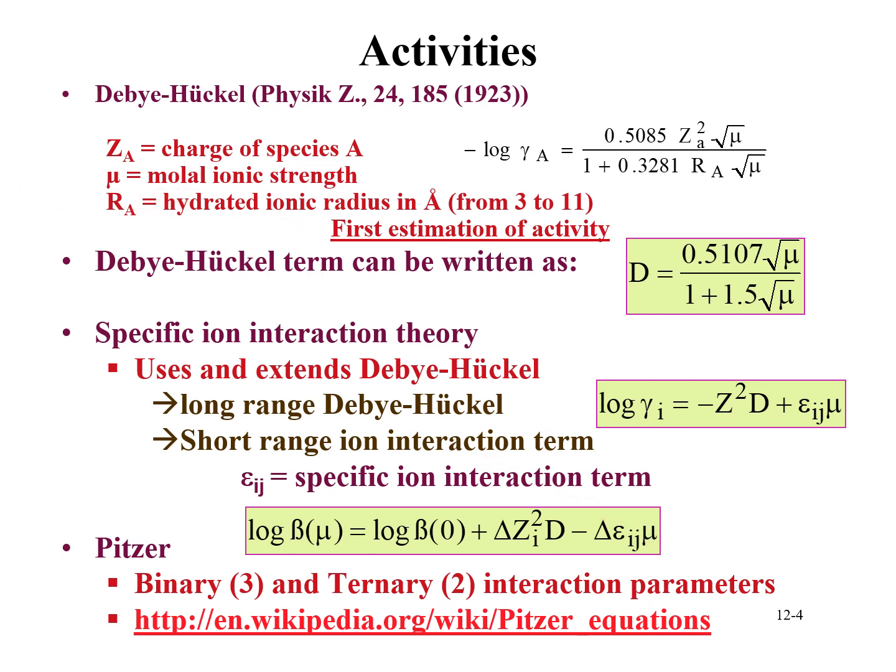There's a final equation, the Pitzer equation, which has 3 binary terms and 2 ternary terms that describe the interactions, and information on Pitzer can be found on the internet.